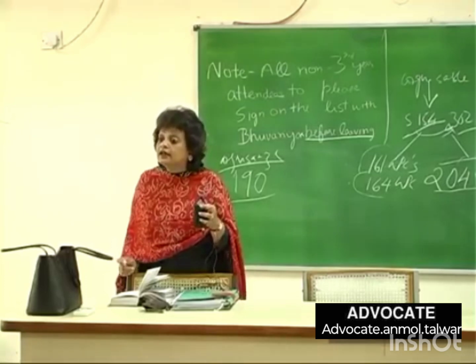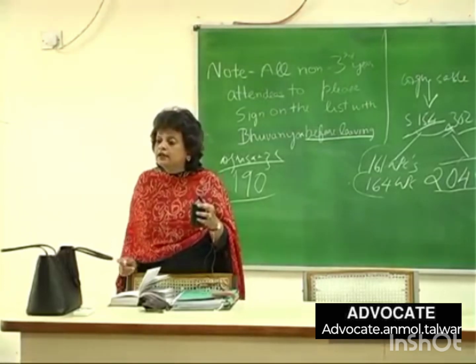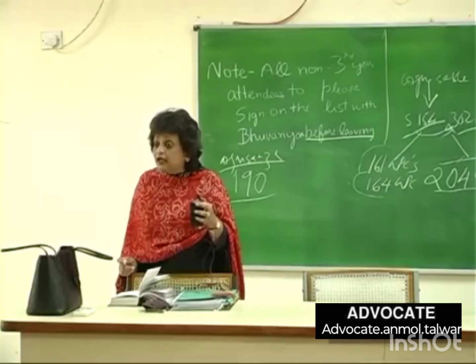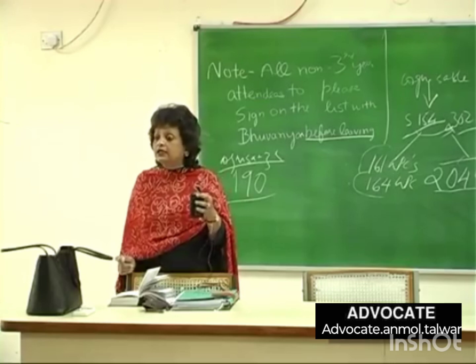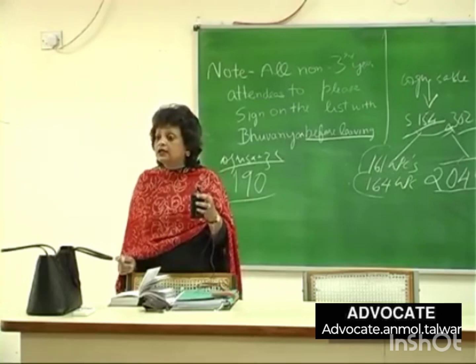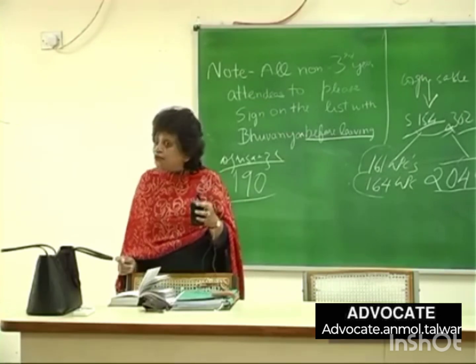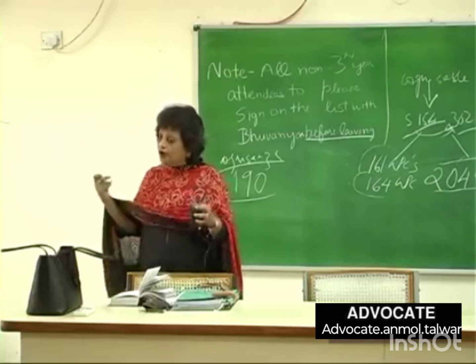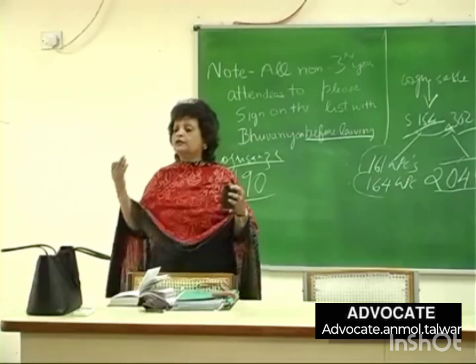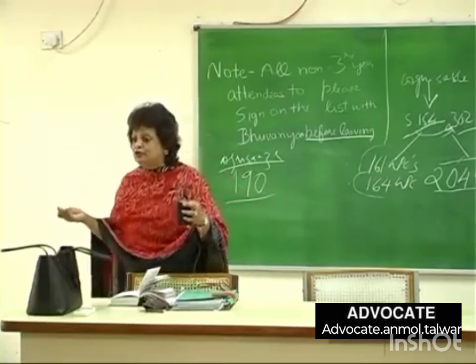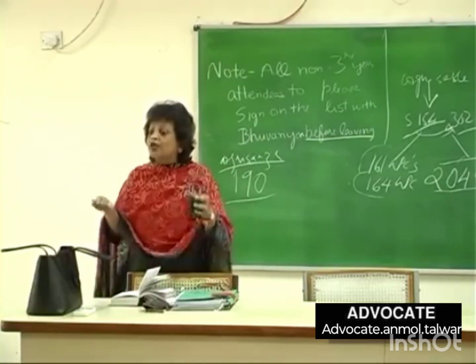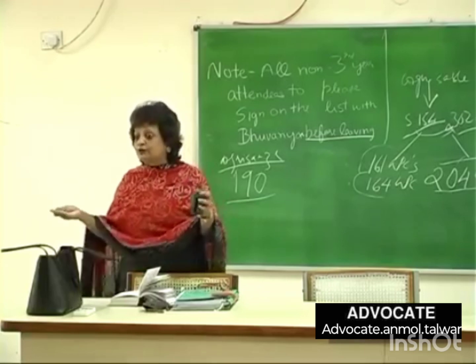CBI? No, no, no. CBI would be 191B. Absolutely. What is a CBI? It's an organization which is established under the Delhi Police Establishment Act. It is a wing of the police. It's a specialized wing of the police.